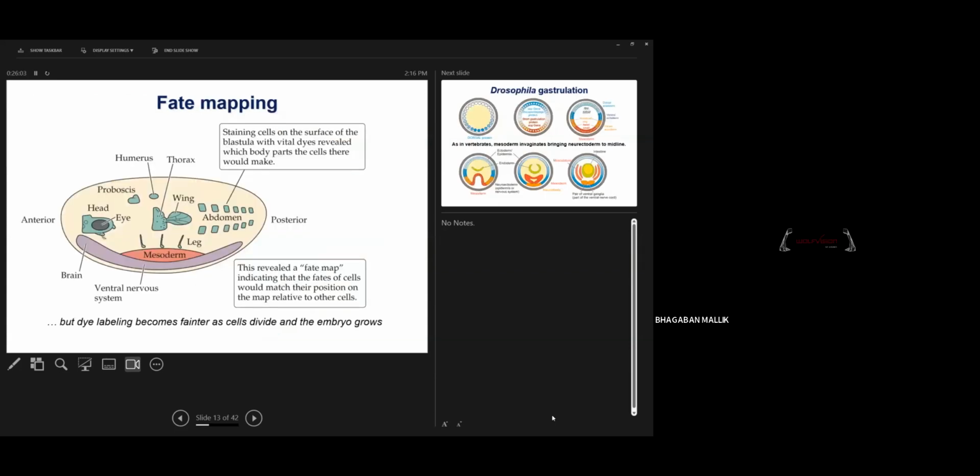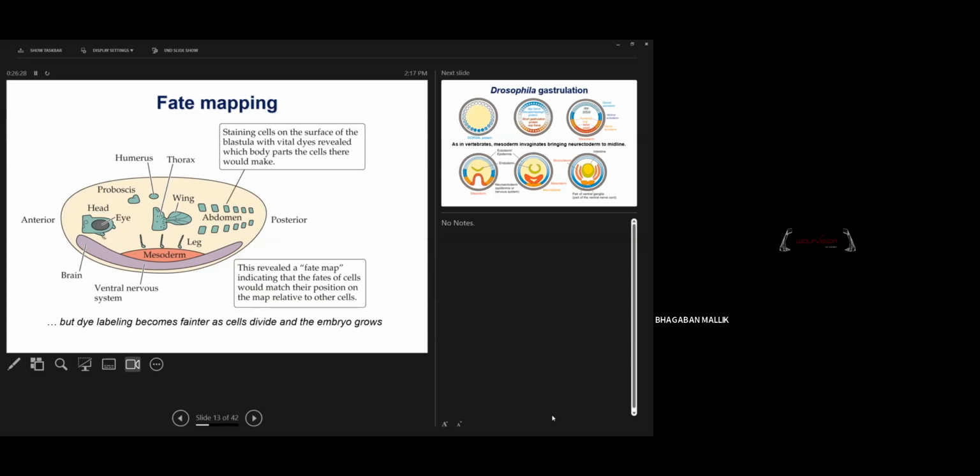Before going into the details of Drosophila development, I just want to highlight some of the structures that you can map, and which structure forms what during development. There are certain vital dyes that people have used in the past to label different groups of cells in Drosophila.